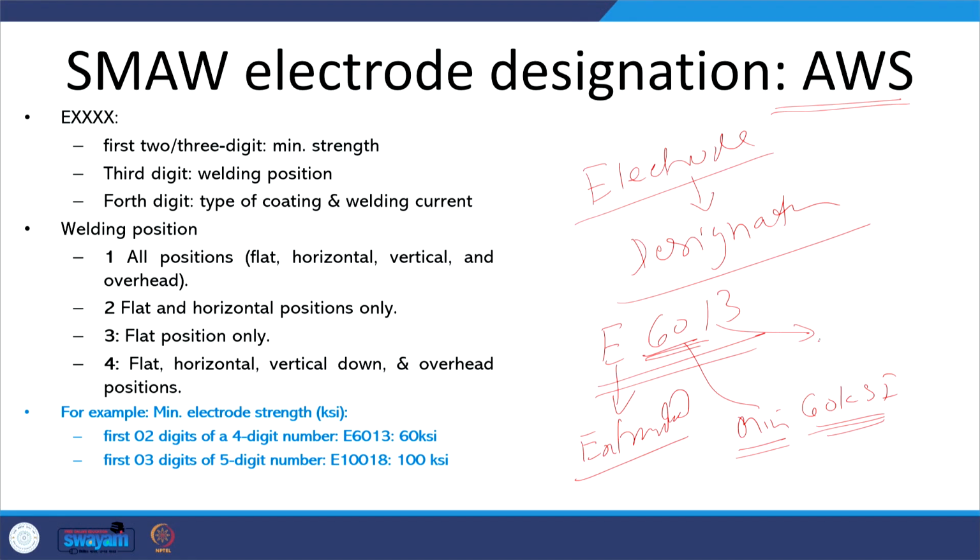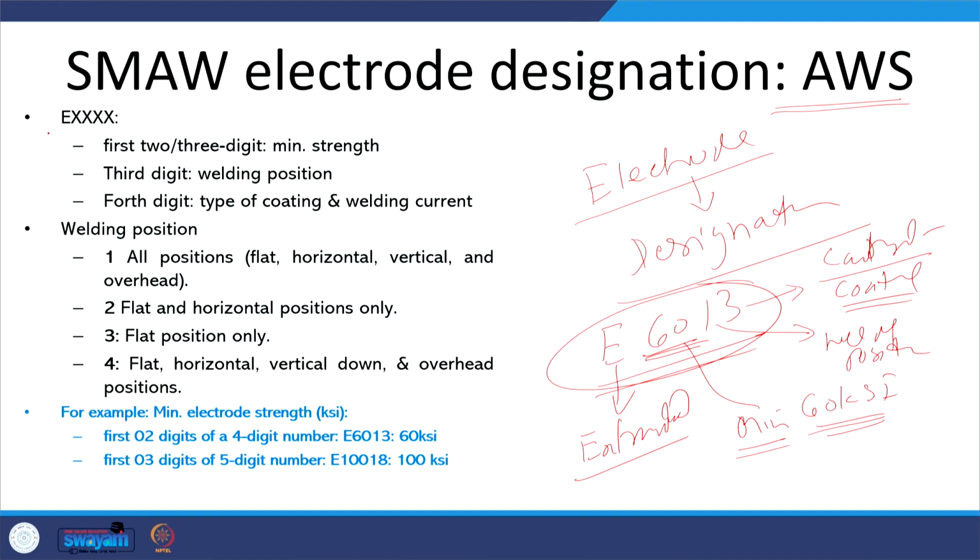The third digit shows the welding position, and the last digit indicates the type of current, AC or DC, or the type of coating associated with the electrode, like rutile, basic, or cellulosic. So, these are the main constituents of the AWS electrode designation.